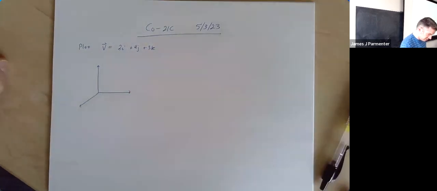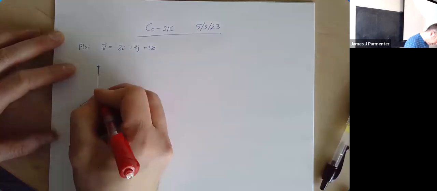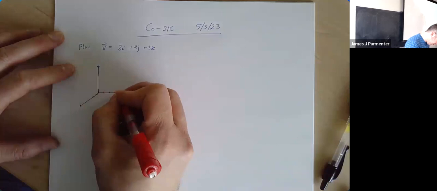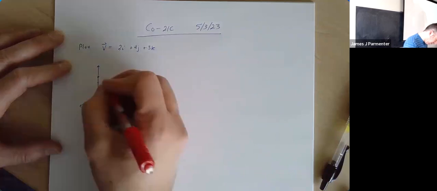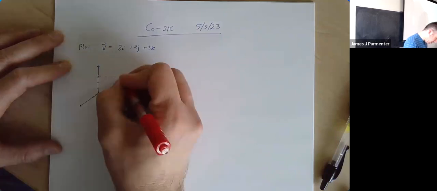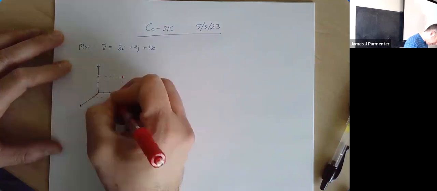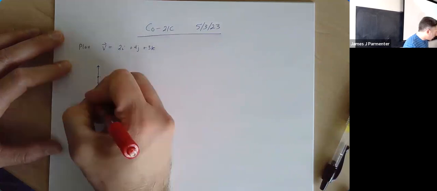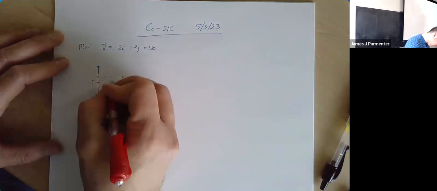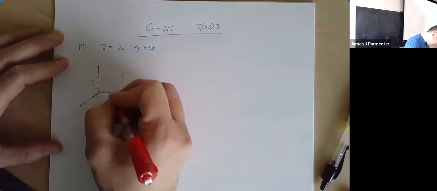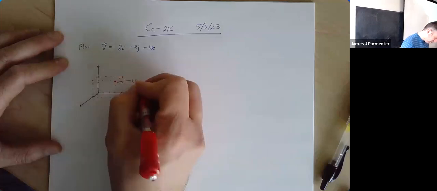So I'm going to go 2 in the x direction and 4 in the y direction and 3 in the z direction, and then find that point. So I'm going to do the usual thing where I go over this much and that much, down like that, and then up 3. So here is the point 2, 4, 3.